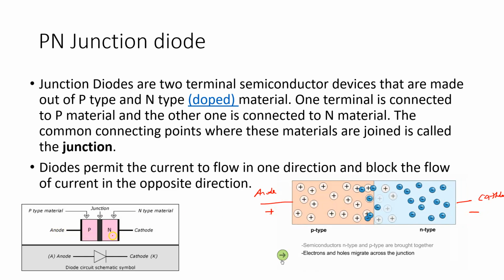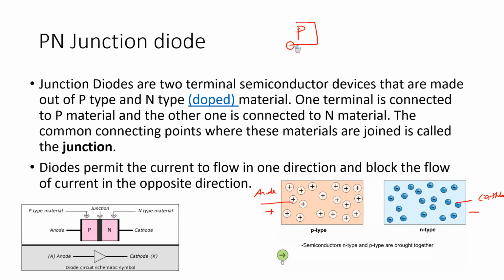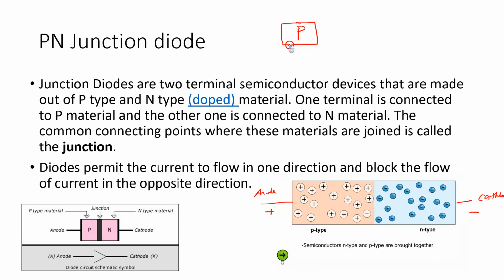Also, just remember this symbol right here. It's really important to show that this is what a PN junction diode looks like. So here's the p-type. You're taking a p-type material and you're going to bond it with an n-type material.